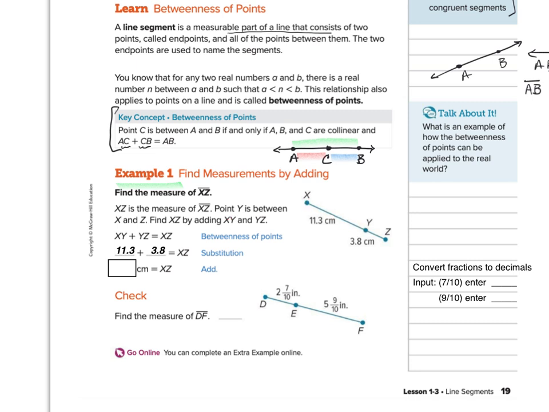We're just going to sum those two things together. By betweenness, XY plus YZ is equal to XZ. We do the substitution, not just fill in the blanks. This would be 11.3 plus 3.8. I'm hoping that is 15.1. So there you go. That would be the entire length, adding those two lengths together.